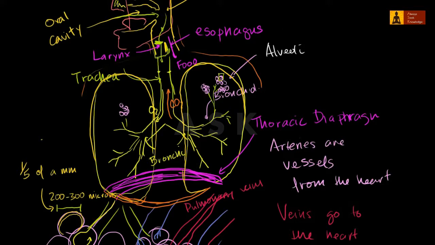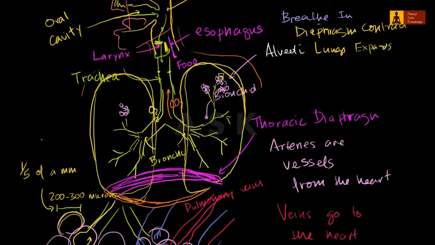So when we breathe in, our brain is essentially telling our diaphragm to contract. So the diaphragm contracts, we have more space around our lungs, and our lungs expand to fill the space.